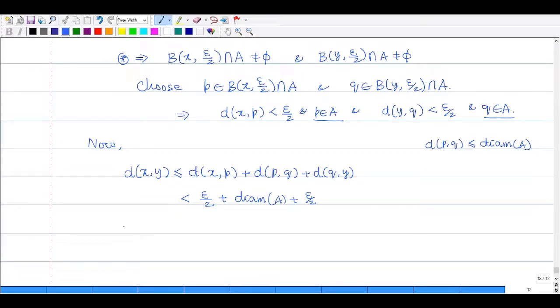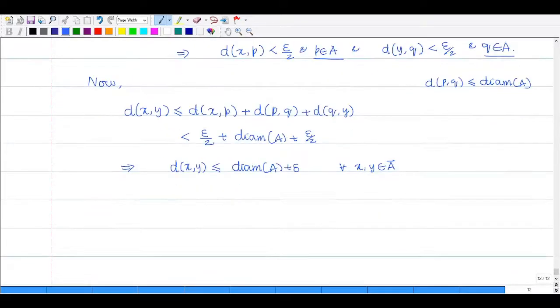This implies that the distance d of x comma y is less than or equal to the diameter of capital A plus epsilon, for every x comma y belonging to A closure. So d of x comma y is less than or equal to the diameter of A plus epsilon.